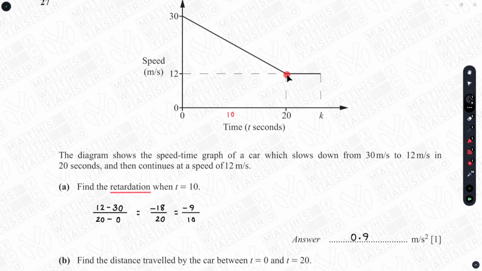So 12 minus 30 over 20 minus 0, which is minus 18 over 20. If I divide both numbers by 2, I will get 9 over 10. So it will be minus 0.9. But since we are finding the retardation, this should be positive 0.9.